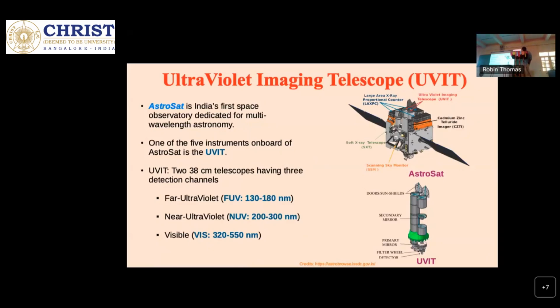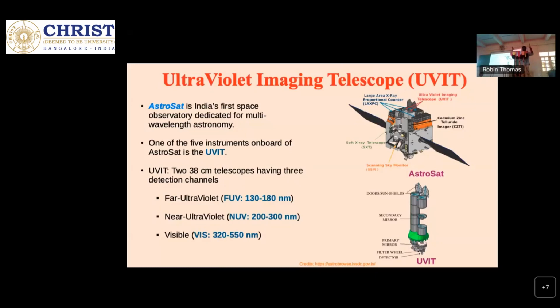Basically, if you look at the sky, you will see light coming in the visible region only, whatever your eye can observe, the wavelength let's say from 300 nanometers to 500 or 550 nanometers. For ultraviolet, we observe in 2 different bands.